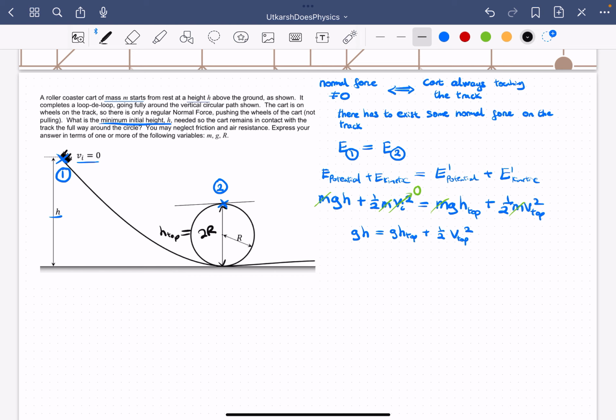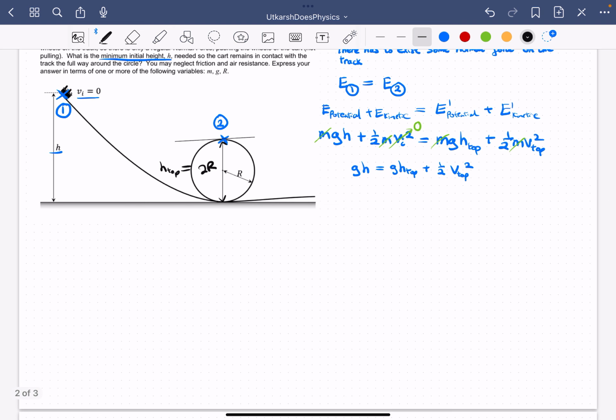And v_top we also don't have. And the way I would recommend getting v_top is with a free body diagram at the very top of point 2. So when we do a free body diagram, we can tell the car is at this position and it's going around the top of that circle. So we're kind of like zooming in on this area over here.